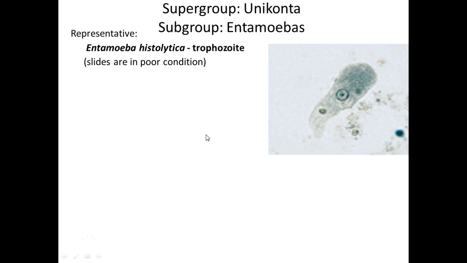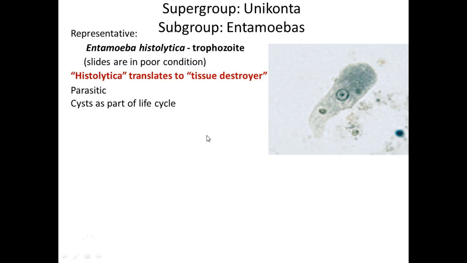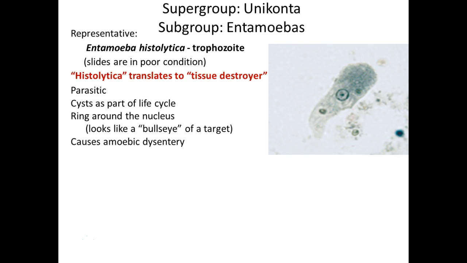Entamoeba histolytica. This is the one where, and you can really see it in this picture, right? That bullseye-shaped nucleus. The ring with the dot. These guys can cause pretty serious dysentery, diarrhea.